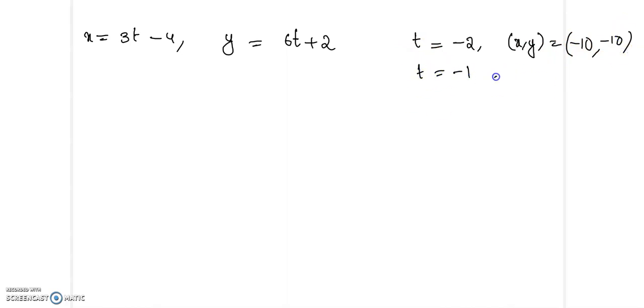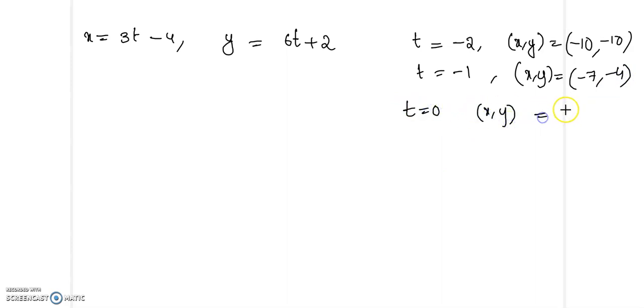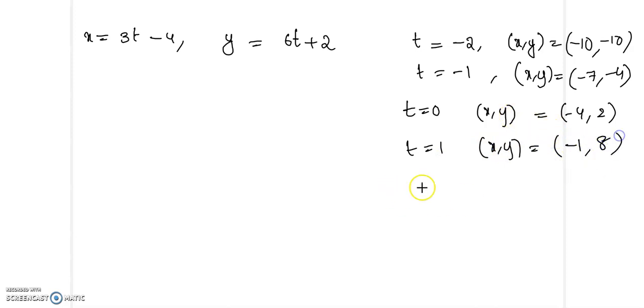If I take t equal to minus 1, then x is going to be minus 7 and y is minus 6 plus 2, that will be minus 4. If t is 0, (x, y) will be (minus 4, 2), and if t is 1, then (x, y) will be (3 minus 4, that is minus 1, 8), and if t is equal to 2, then (x, y) will be (2, 14).